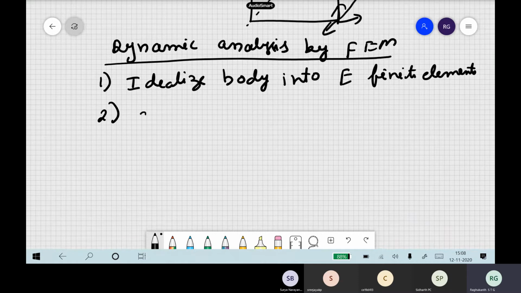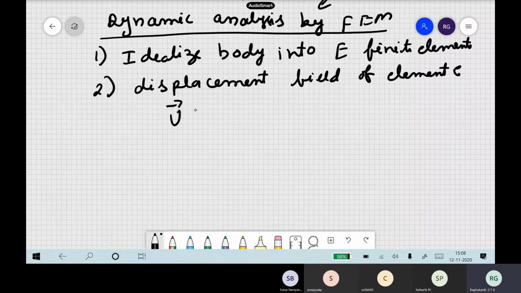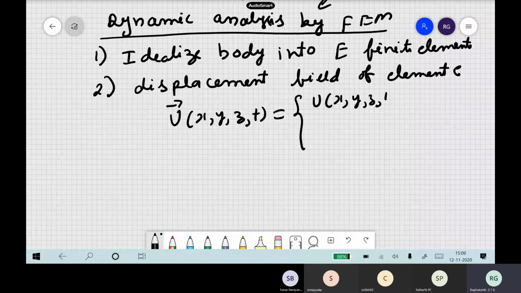Now, the displacement field of element E we can write as u(x, y, z, t), and then v, then w.